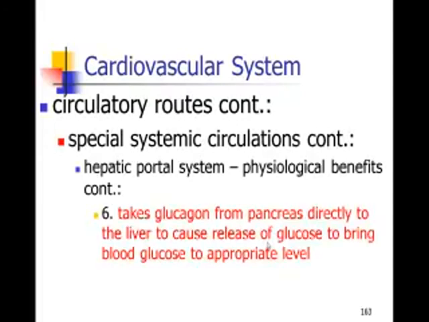And the sixth important activity of the hepatic portal system is to take glucagon, a hormone that the pancreas releases, directly to the liver.